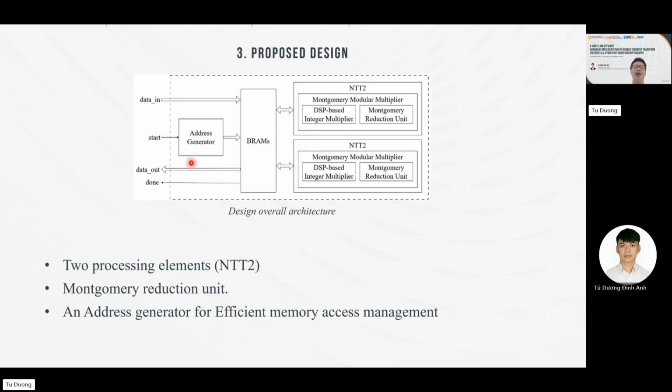And we design an address generator in charge of efficient memory access management to optimize the runtime and the latency when we store and when we read the data.